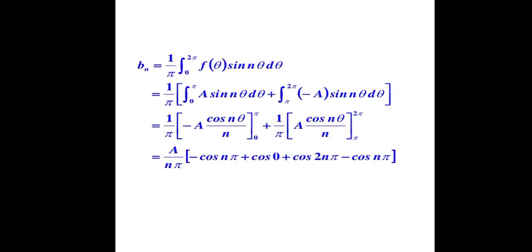Then next we find bn, in the same way: 1 upon pi times the integration from 0 to 2 pi of f of theta sin n theta d theta. Then separate the integration into parts, with a as the constant. We find bn is equal to a upon n pi times minus cos n pi plus cos 0 plus cos 2 n pi minus cos n pi.